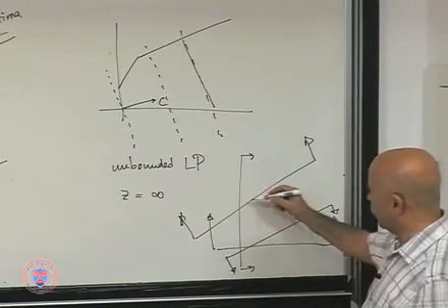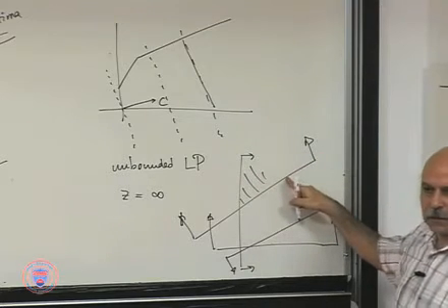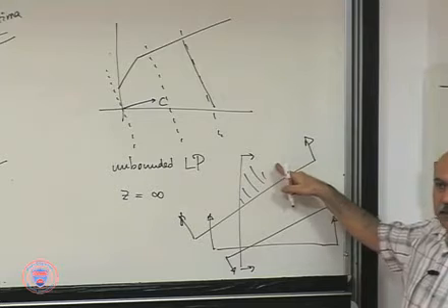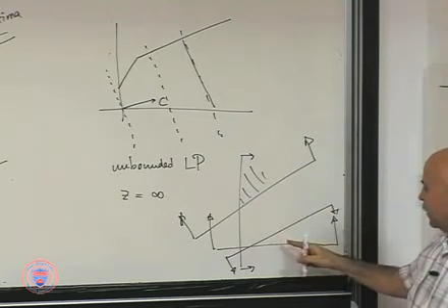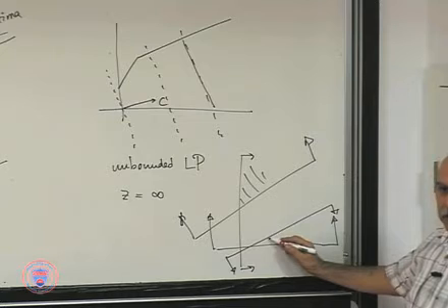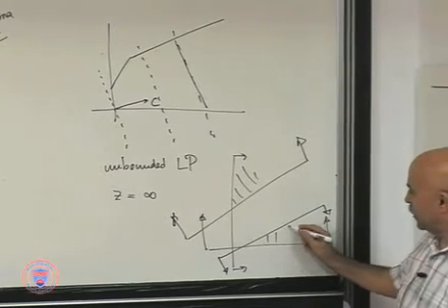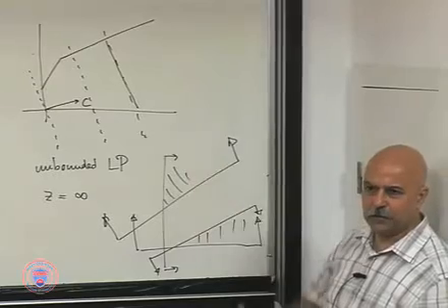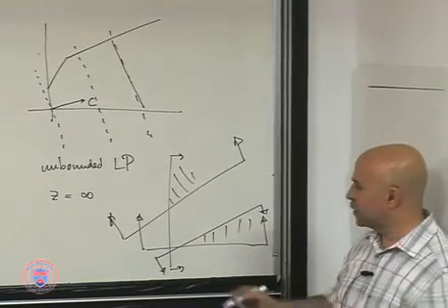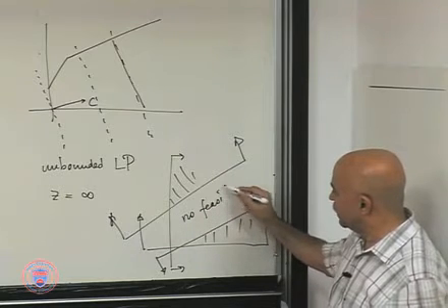In this case, if you wanted to satisfy non-negativity relative to that constraint, you want to be in this portion, but then it does not agree with the sense of the constraint in the bottom part, that one. Otherwise, you might want to be here, but in which case you don't, of course, satisfy this upper constraint. So this is the case of no feasible solution.